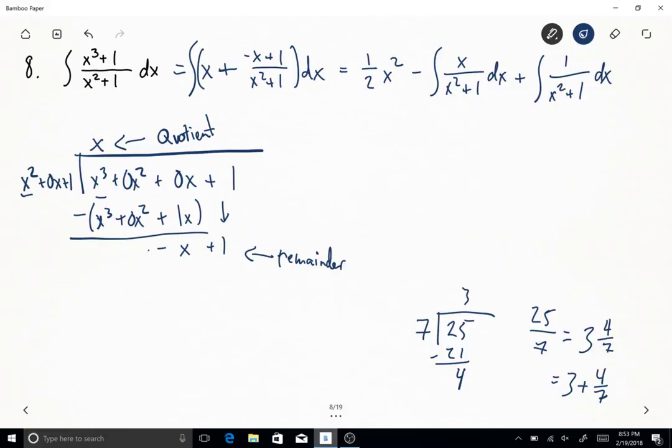Now let's see if we can solve either of these scenarios. So the first case, that's good. This x over x squared plus 1, notice if you let u equal x squared plus 1, then you get du equals 2x dx, that means you get du over 2 equals x dx.